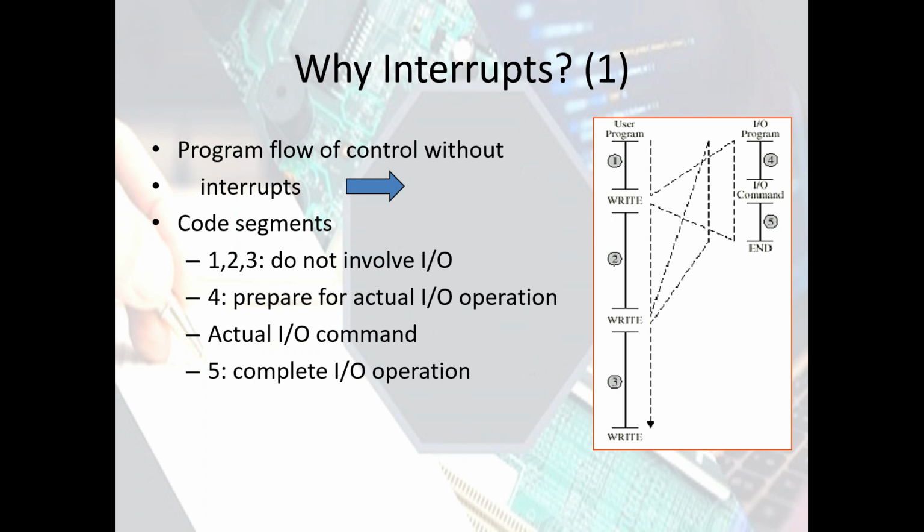Without interrupts, the program does not pause to handle external events or conditions, but instead follows a straightforward and continuous path of execution. This type of flow is characteristic of simple, linear program structures where tasks are performed in a predetermined order without interruption.